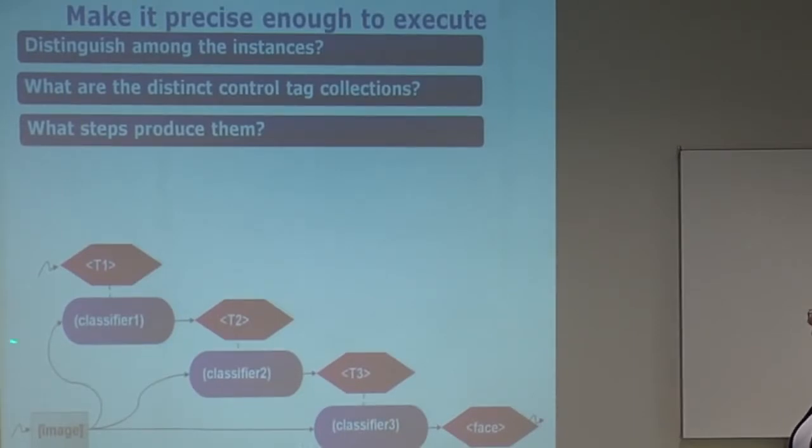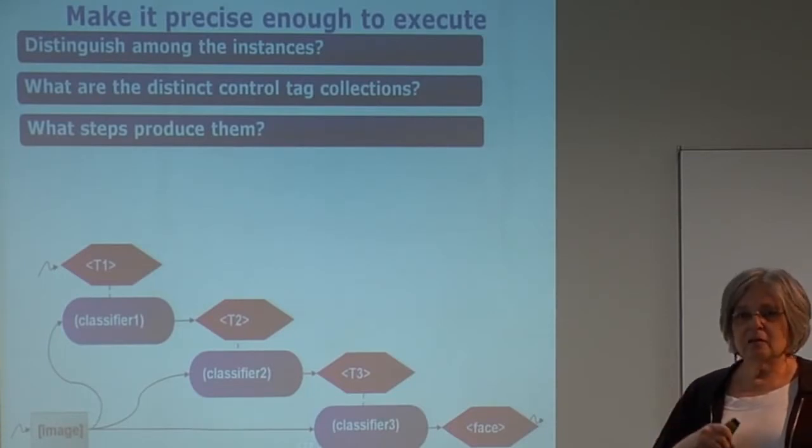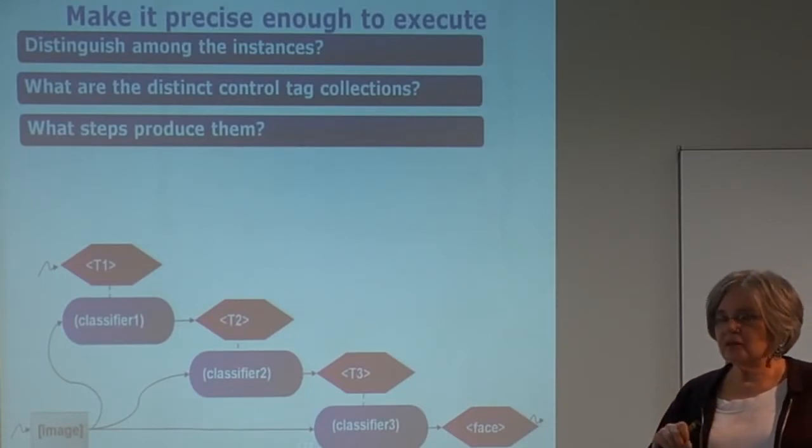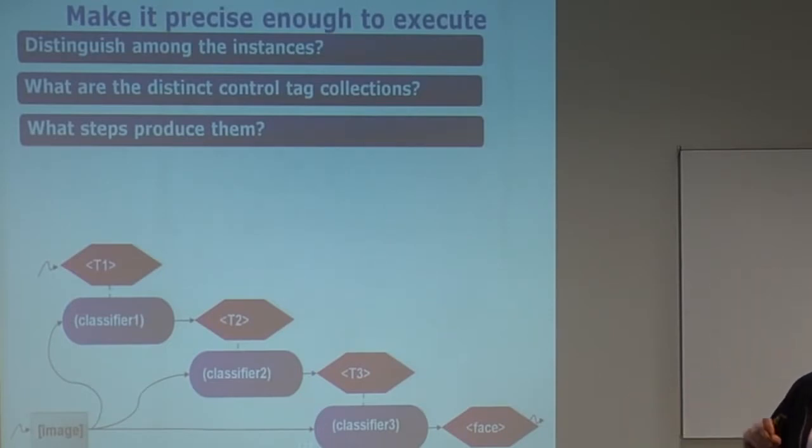For any window in any frame that classifier 1 checks, it may or may not put out its own tag. So if it gets frame 7, window 38, then it may or may not put out 7,38, but it won't put out anything else. So what that means is that these are a sequence of subsets of each other. And so there's less and less work to be done on each of these.